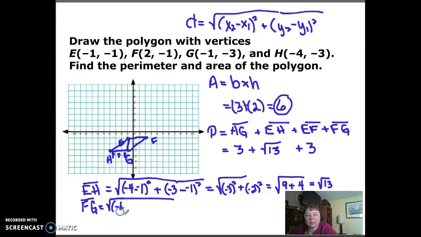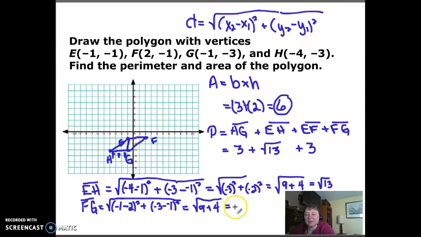Alright, negative 1 minus 2 squared plus, we're doing FG, negative 3 minus a negative 1 squared. Negative 1 minus 2, that would be negative 3 squared, which is 9. Negative 3 minus a negative 1, that would be negative 3 plus 1, which should be negative 2 squared is 4.